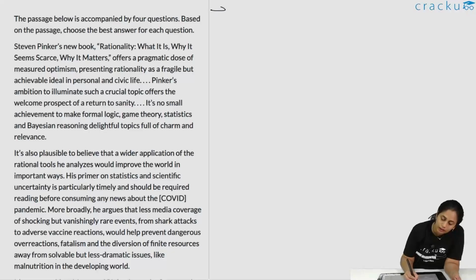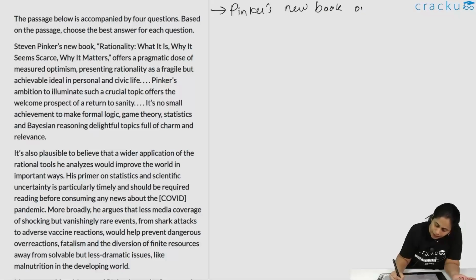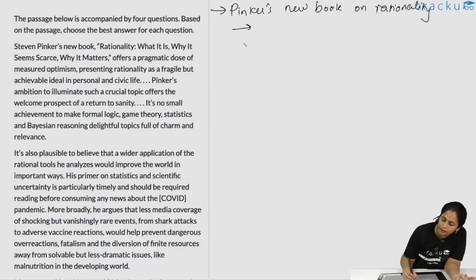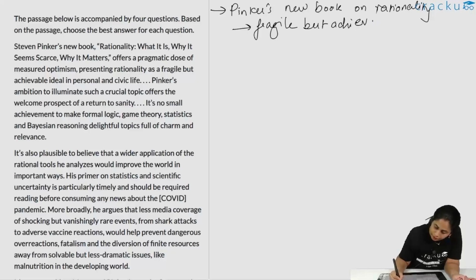So here the author introduces what he's talking about: Steven Pinker's new book on rationality. This book argues that rationality is a fragile but achievable goal. The author praises Pinker for writing this because it is a crucial topic and it is well written.